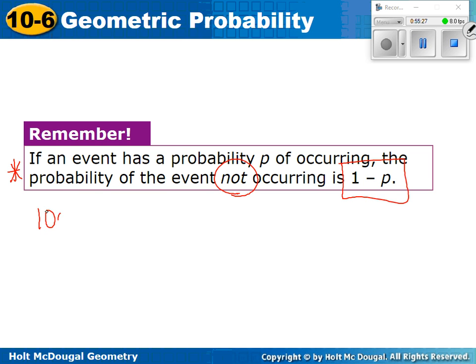So if it was a 10% chance, 100 minus 10% is 90%. Or if it is 10%, remember that's the same as 1/10. So 1 minus 1/10 would be 9/10. So you can either write it as a fraction or as a percentage.